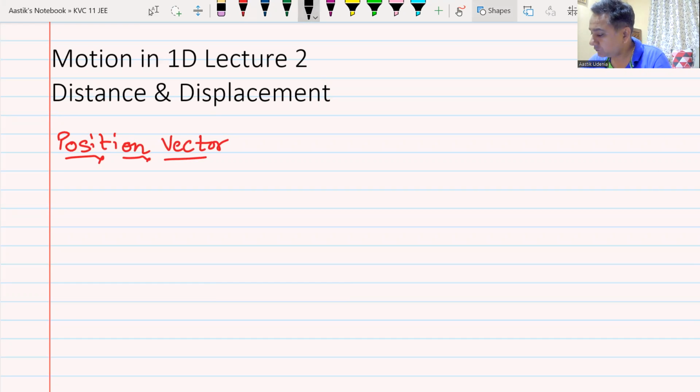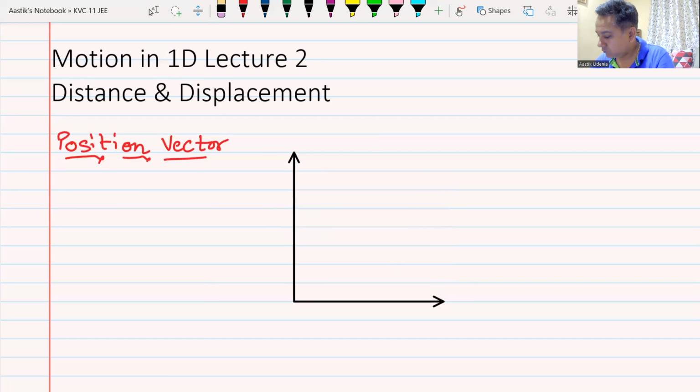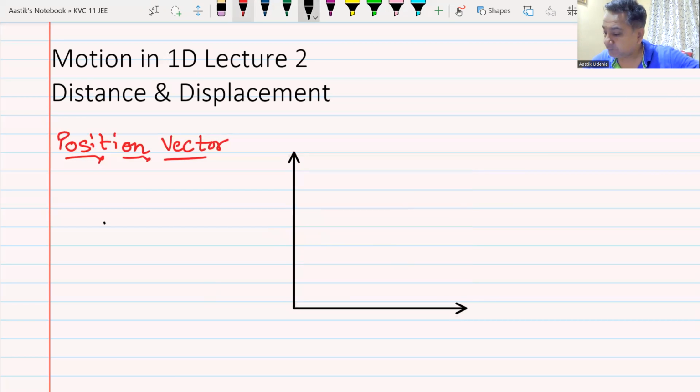Anyone? What do you mean by a position vector? A vector which shows the direction. It is a vector which shows the vector by magnitude of unit vector, sir.